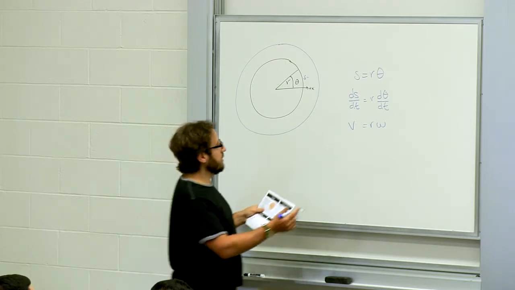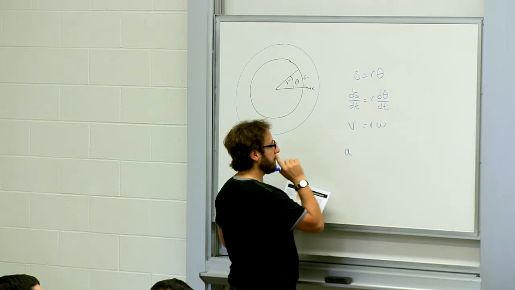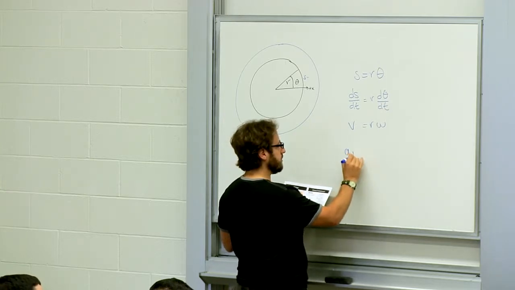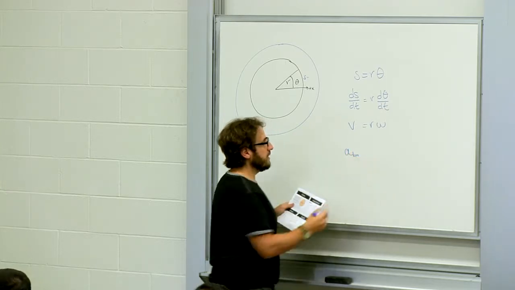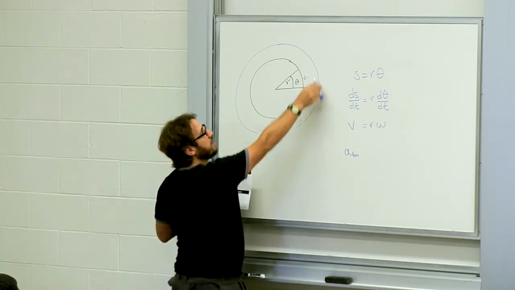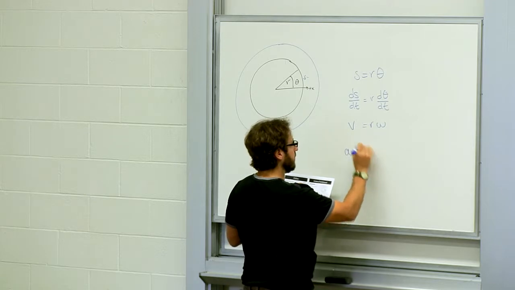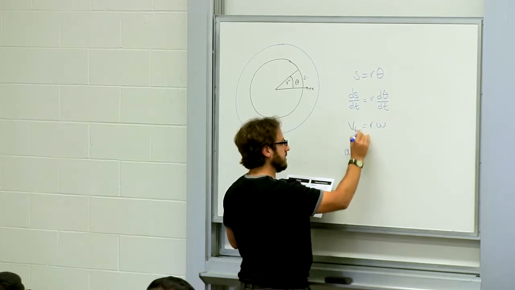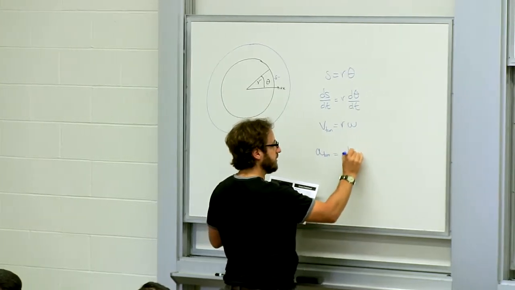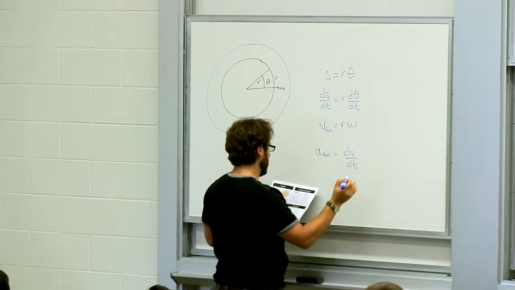Okay, and acceleration. The tangential acceleration, think carefully here, by which I mean acceleration tangent to the circle, because this is tangential velocity, is just dv/dt.